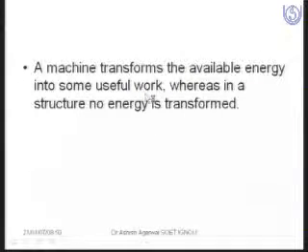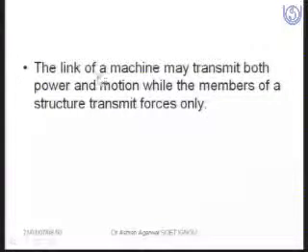Another important difference is that a machine transforms the available energy into some useful work, whereas a structure does not transform any energy. It simply transmits the force from one end to another end. The link of a machine may transmit both power and motion, while the members of a structure transmit only forces. It cannot transfer the power or the motion.